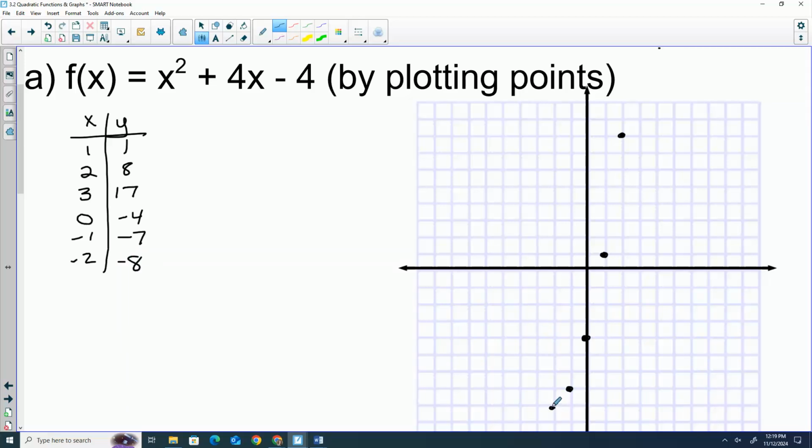Negative 8. Do I have enough points yet? Nope, gotta keep going. Now let's try negative 3, negative 4. So if I put in negative 3, negative 3 squared is 9 plus negative 12 minus 4 is negative 7. If I put in negative 4, I get 16 minus 16 minus 4, which is negative 4. Does this look like a parabola now?